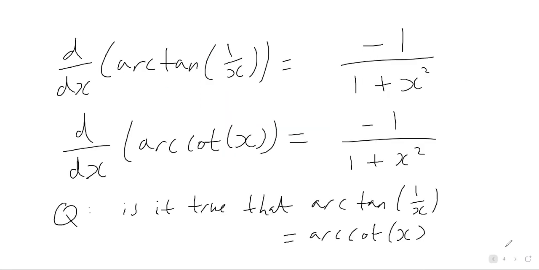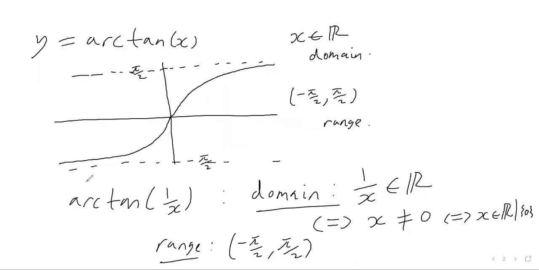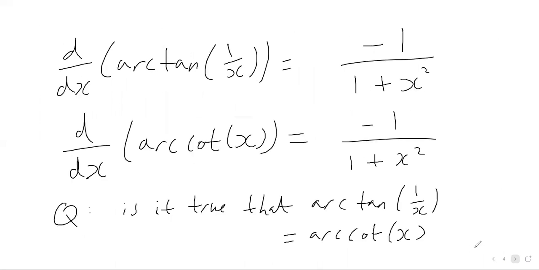So let's think about the arctan of 1 over x function. If we go back, we discovered that the domain of the arctan of 1 over x function is x in the real numbers apart from 0. So arctan of 1 over x is not defined at x equals 0.